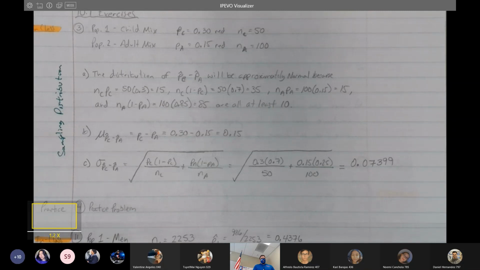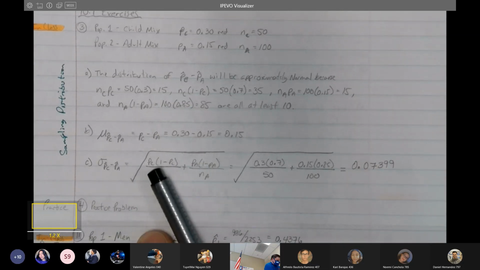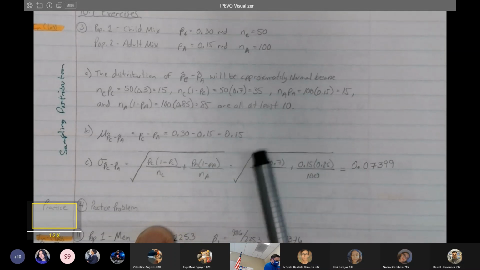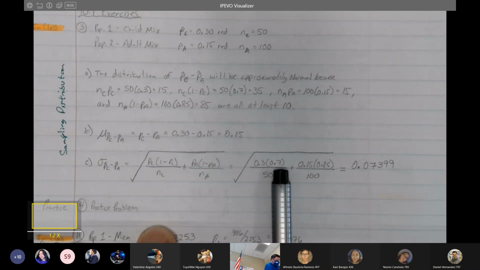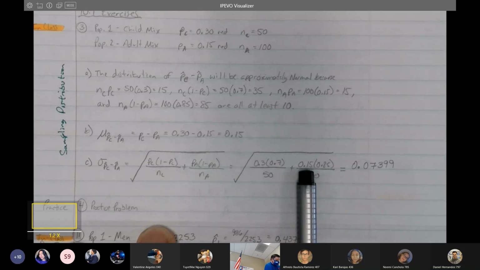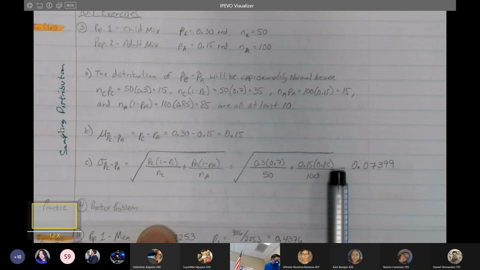What does that say in the parentheses inside? Right here. Which one? A, B, or C? C. So I can see the first one, I can't tell the second one. This one? Yeah. So it's 0.3 and then parentheses 0.7. Okay, I know that one. That one's 0.15, parentheses 0.85.